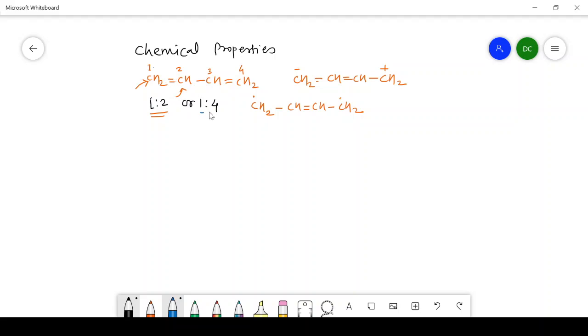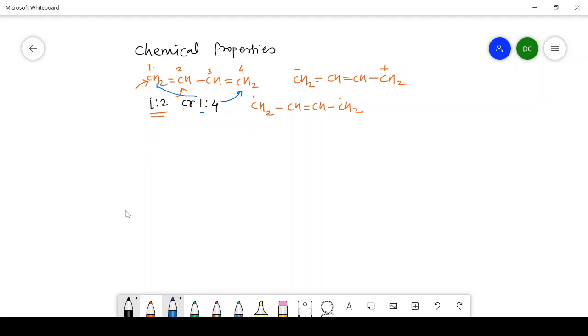Similarly, in 1,4 addition, first group is going to add with the first carbon and second group is going to add with the fourth carbon. In this way, 1,2 and 1,4 addition are observed in 1,3-butadiene, and it is a peculiar characteristic of 1,3-butadiene. So in the study of addition reaction, cycloaddition reaction, polymerization reaction, all these structures are useful. That's why I have written here.